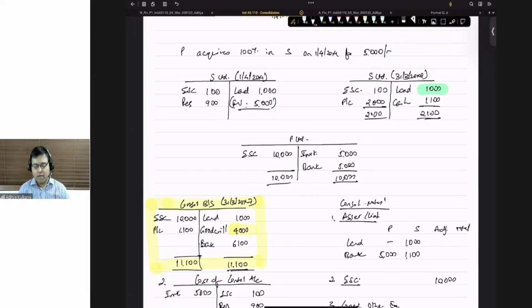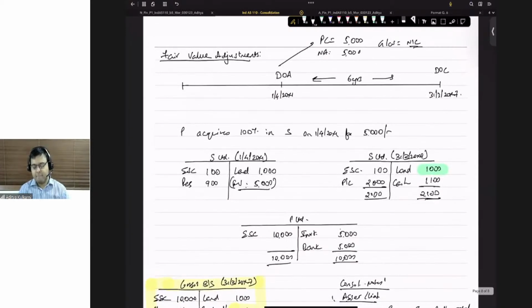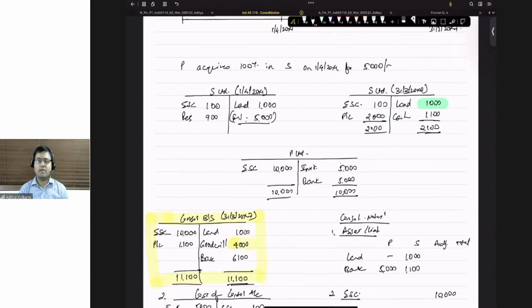Therefore, conceptually speaking, I cannot have any goodwill. But now I am having a goodwill of 4,000 here. Why is that? As all of you have rightly guessed, this is because I have not considered the fair value of the land in the consolidation.